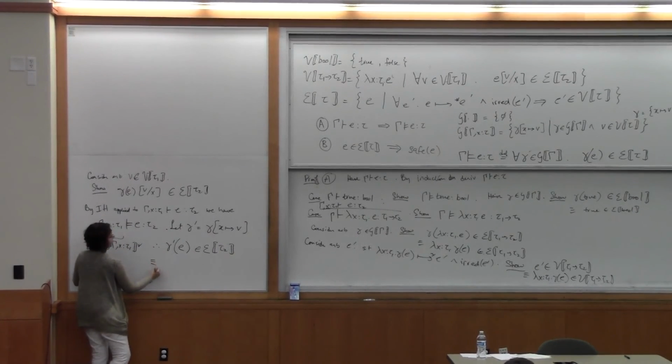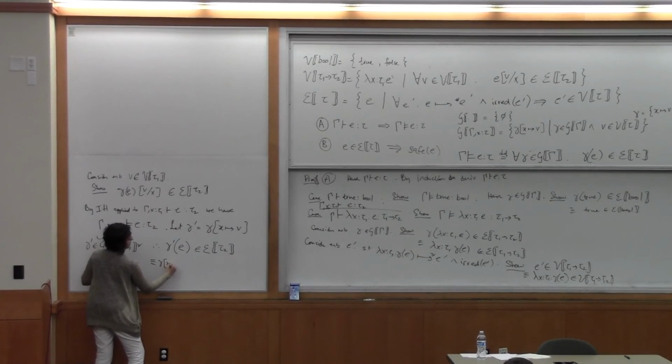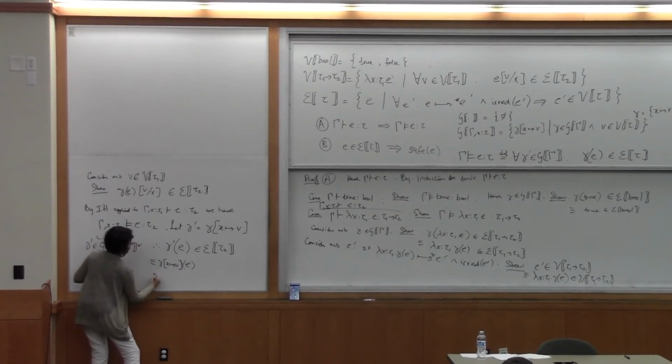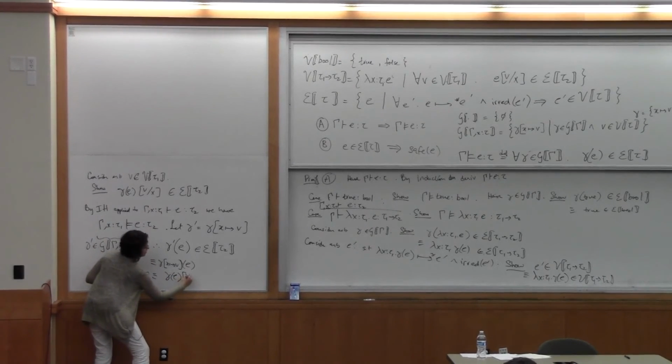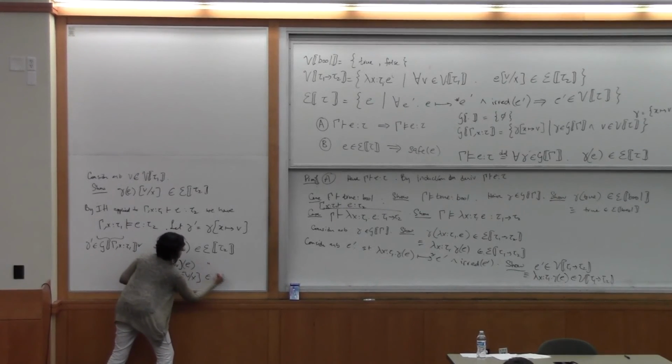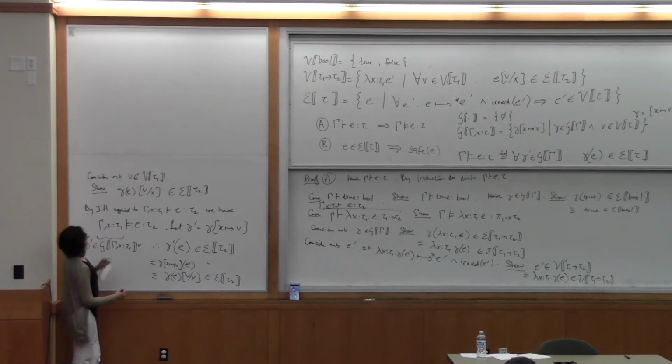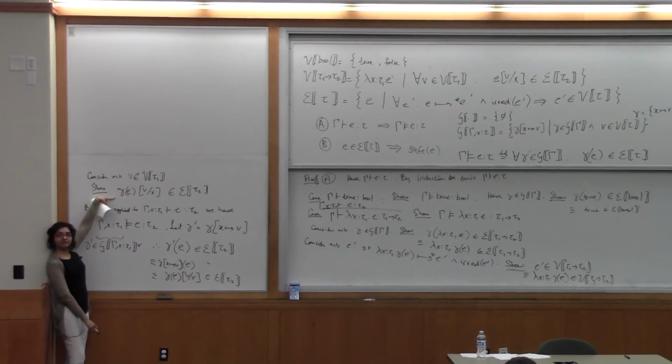If we expand this out, this is just gamma with x maps to V applied to E, which is gamma E with V for x. And therefore, we know now that this is in tau 2. That's what we needed to show. Yeah? Okay.